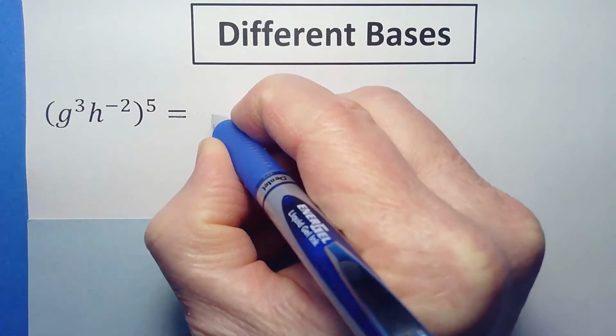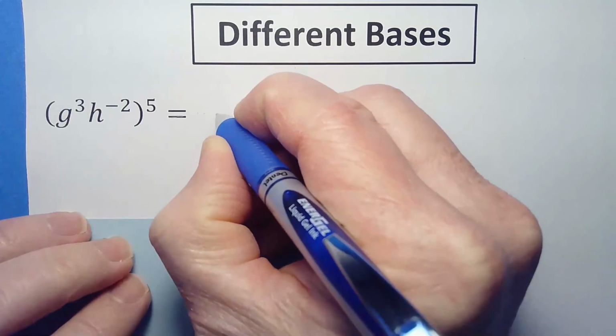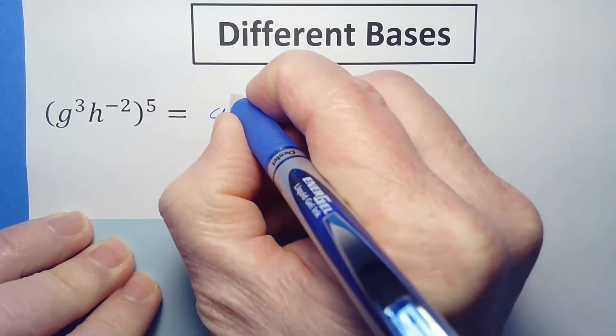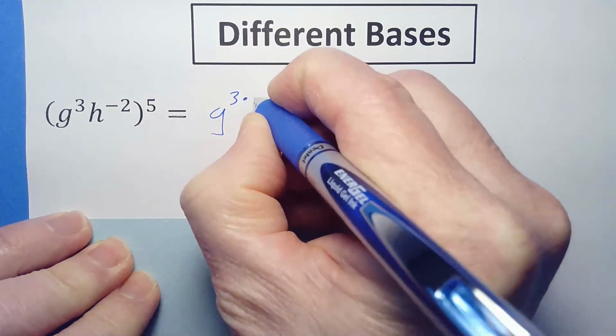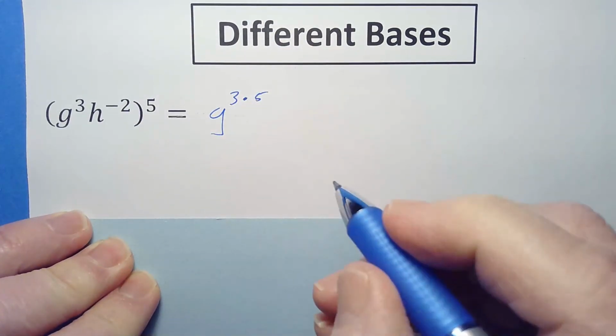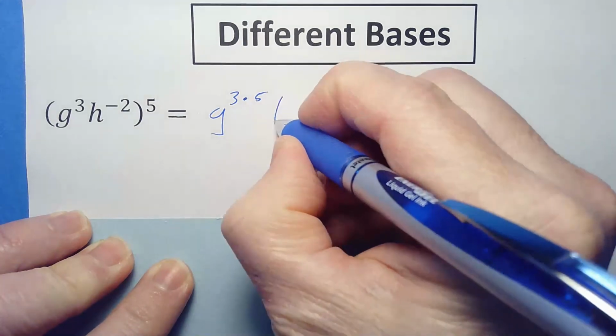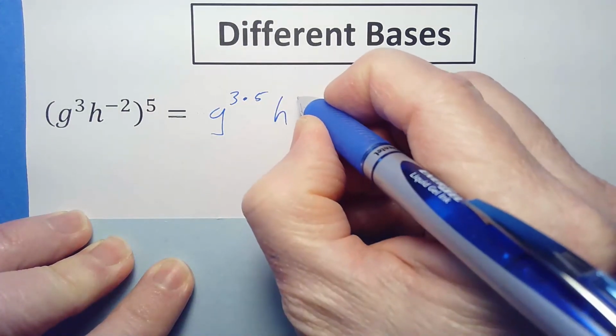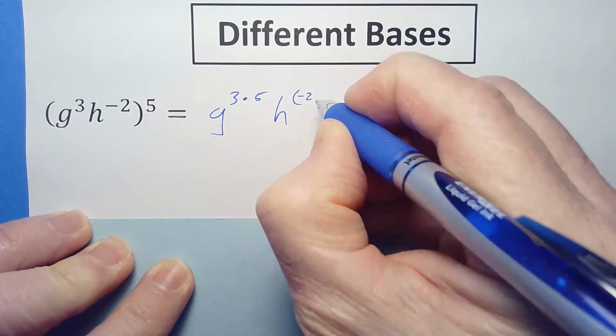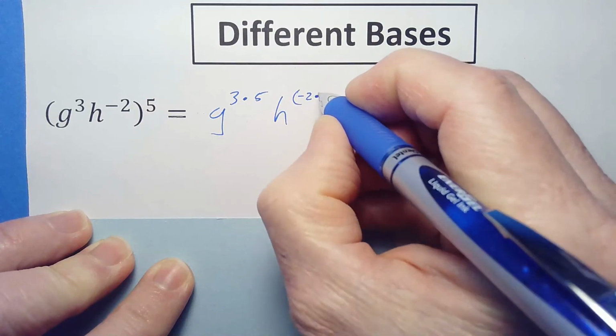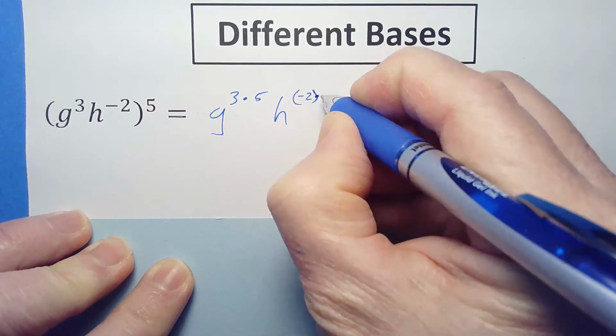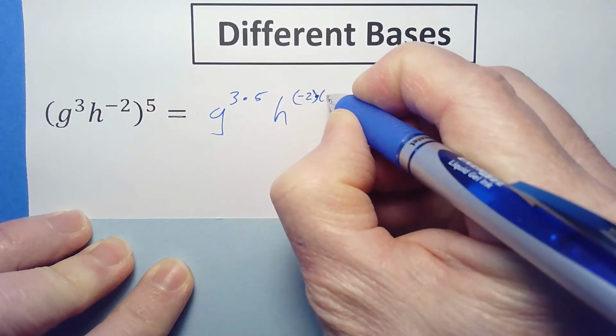Okay, so let's do that. This would be g to the power of 3 times 5, times h to the power of negative 2 times 5. You know what? I think I'm going to do those as parentheses just so there's less confusion.